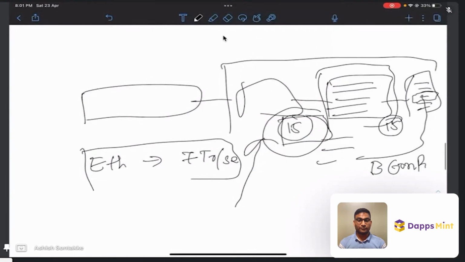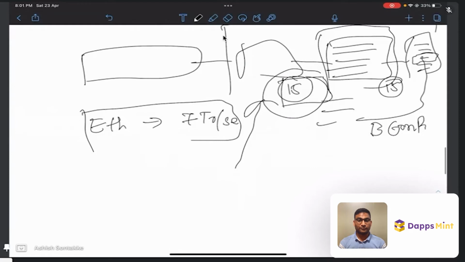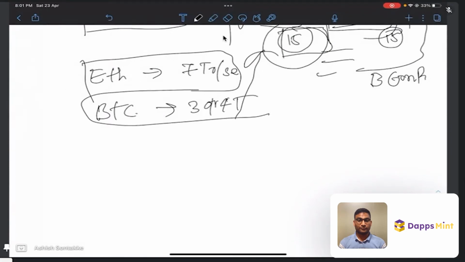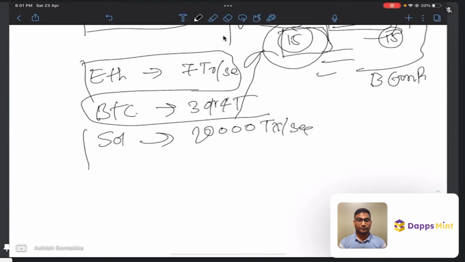For Bitcoin, it is even less. It might be 3 or 4 transactions. For Ethereum, it is 7. For Solana, mostly this is what they are targeting. For Solana, it is 20,000 transactions per second.